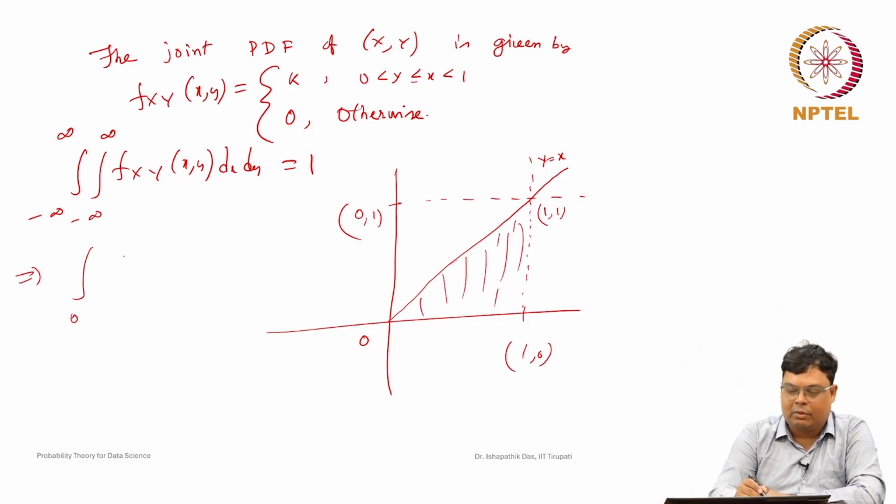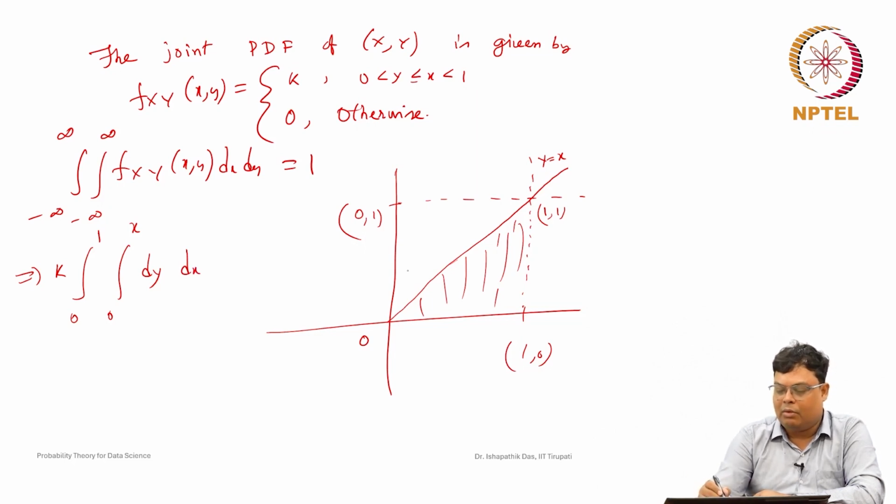If you integrate over y first, then the limit of y can be written 0 to x, or you can do it the other way also. Here k is a constant, so we have the integral over dy first, and x can go from 0 to 1. I just want to do the y first.